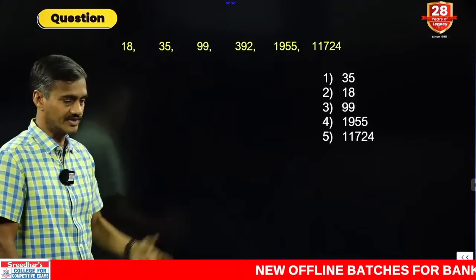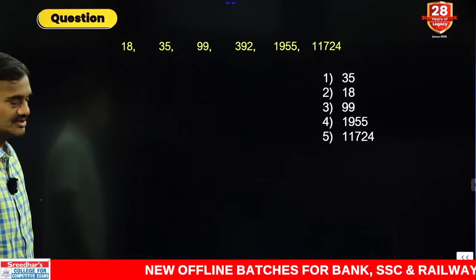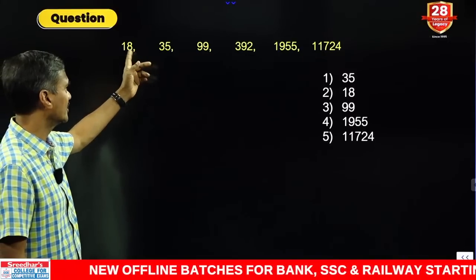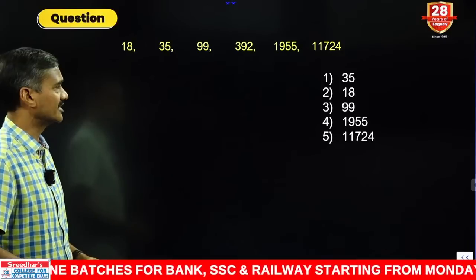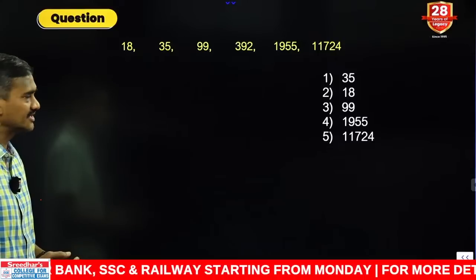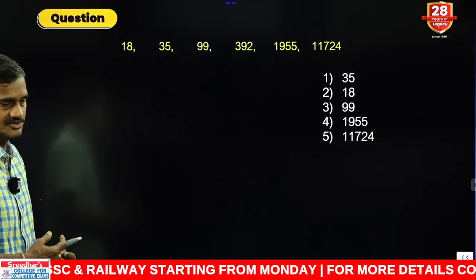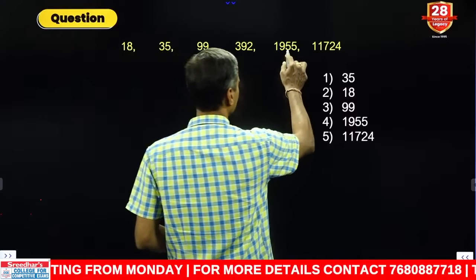Numbers are increasing at a very fast rate. Hence it must be under either product or combination. But here product is not possible between 18 and 35, isn't it? Hence it must be under combination. Combination you should always check at the last number, that is the highest number.